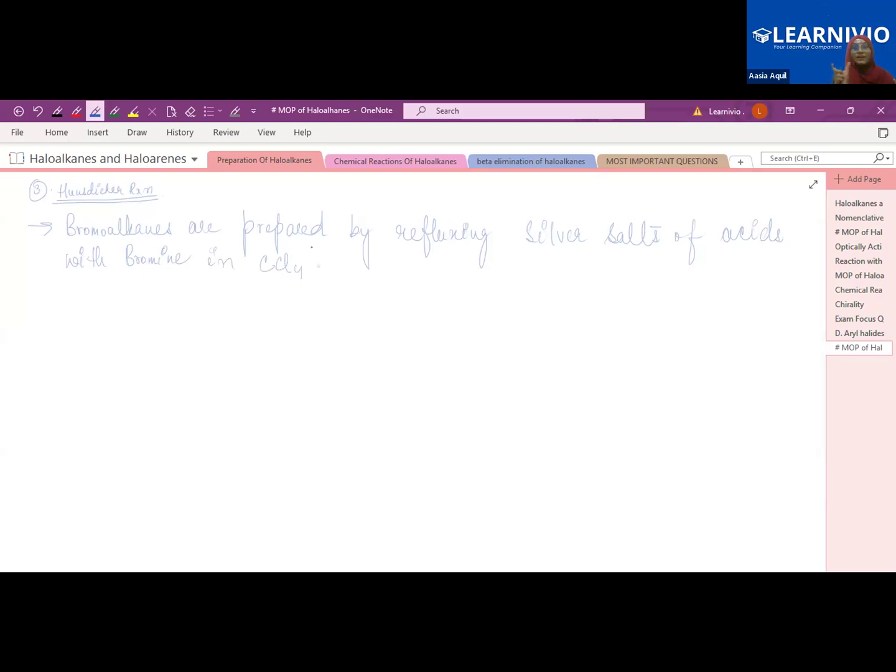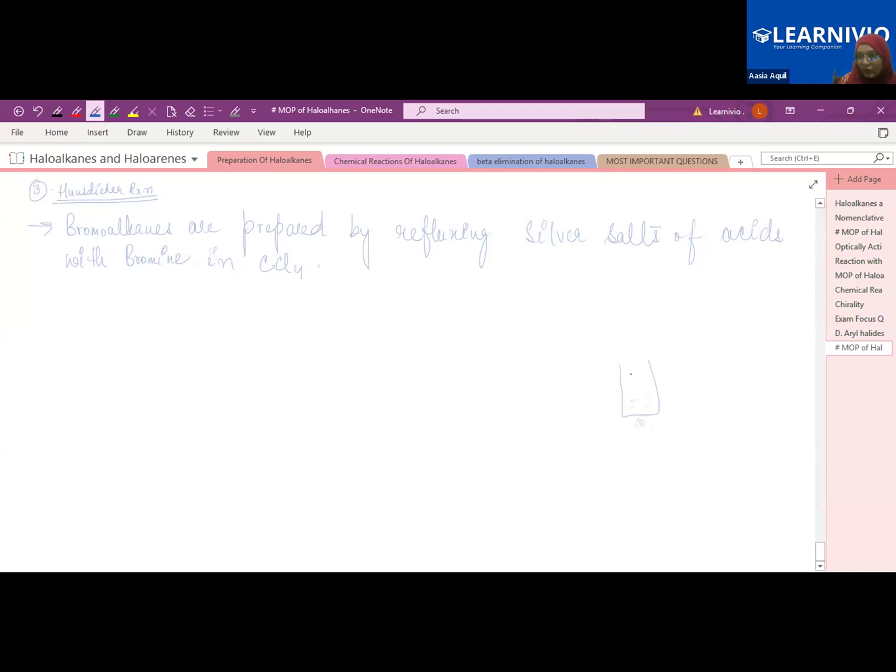Now, what does refluxing mean? Refluxing is a technique or process in which evaporation and condensation happen simultaneously in a continuous cycle. Suppose this is a container where boiling is taking place, and you give it heat.